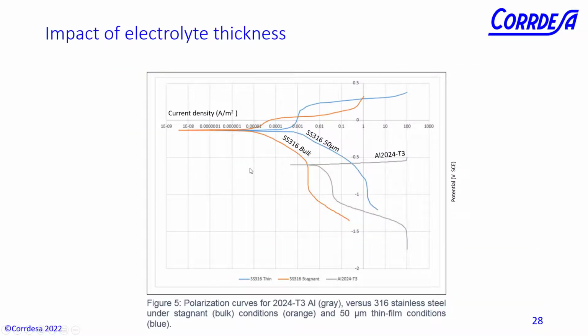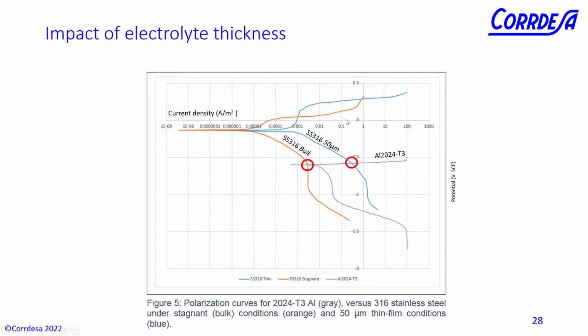And depending on whether the electrolyte is a thick bulk electrolyte or a thin layer, you can get different answers. So you can get polarization curves for different thicknesses. This is something that we do at Quadesa, where we have a method for deconvoluting as well. And what this shows is the intersection point for the electrolyte with the stainless steel and aluminum couple, whether it's bulk or a thin electrolyte.